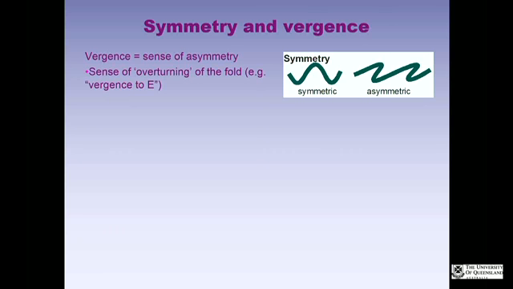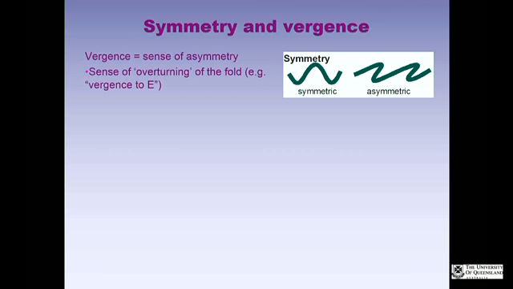Then we need to talk about vergence, and I think I had exactly this slide already before, maybe even twice during the semester. Vergence is essentially an indication of asymmetry in rocks. Strictly speaking, it's essentially the sense of overturning. We have an overturned limb here, and this limb is rotating clockwise.